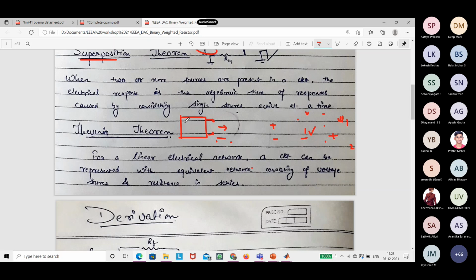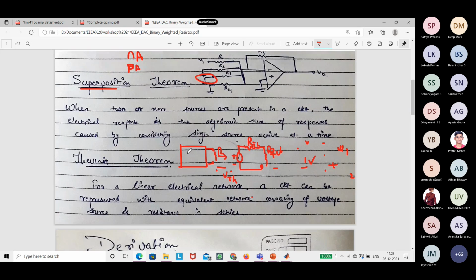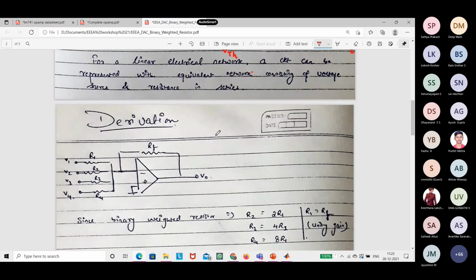Irrespective of how many sources, you could show it with a voltage source and an equivalent resistance, and you can connect whatever R out over here. These equivalent values will be the V Thevenin and the R Thevenin, right? That is what is used over here for the derivation as well.